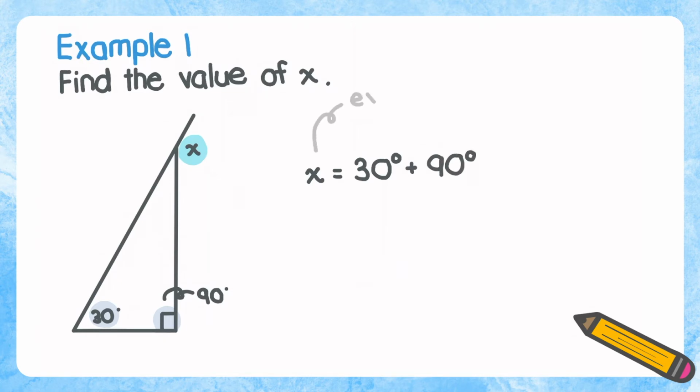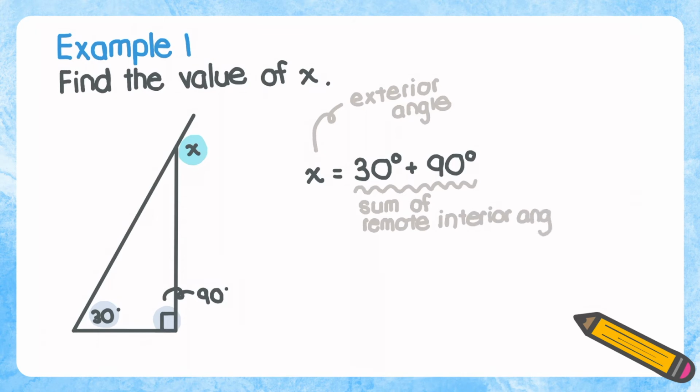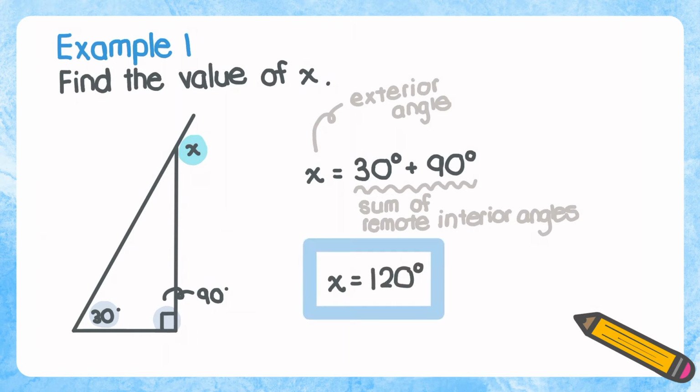And I know this because x is the measure of the exterior angle, and 30 degrees plus 90 degrees is the sum of the remote interior angle measures. For this example, x equals 120 degrees. In this case, x was our exterior angle, and we were given the two remote interior angles.